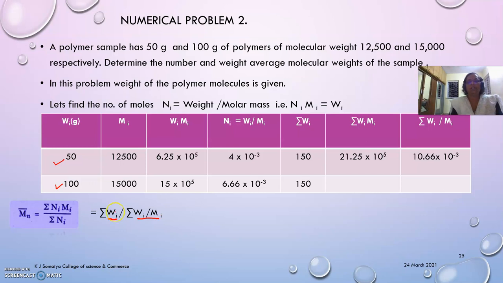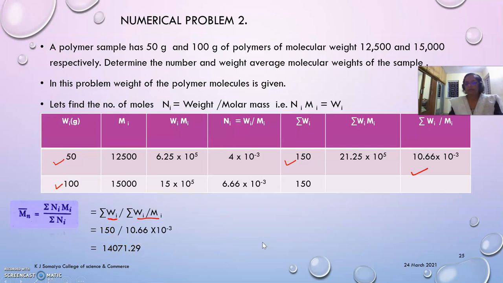We have calculated summation Wi over here, and summation of Wi upon Mi is here. So let's substitute. It's simple: 150 upon 10.66 into 10 raised to minus 3. So the answer is 14,071.29.